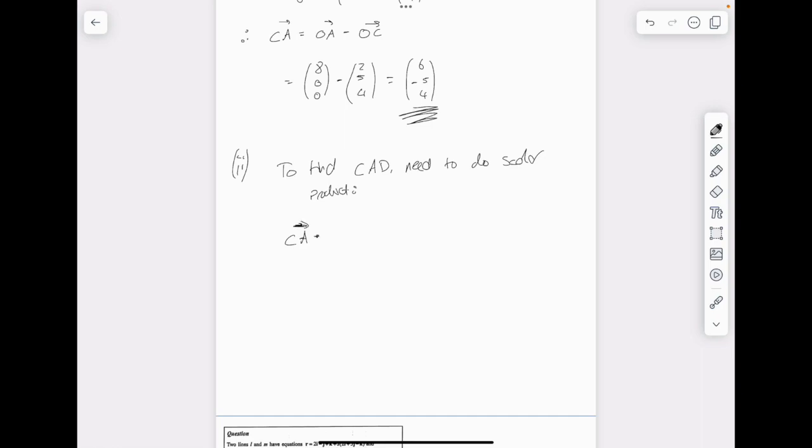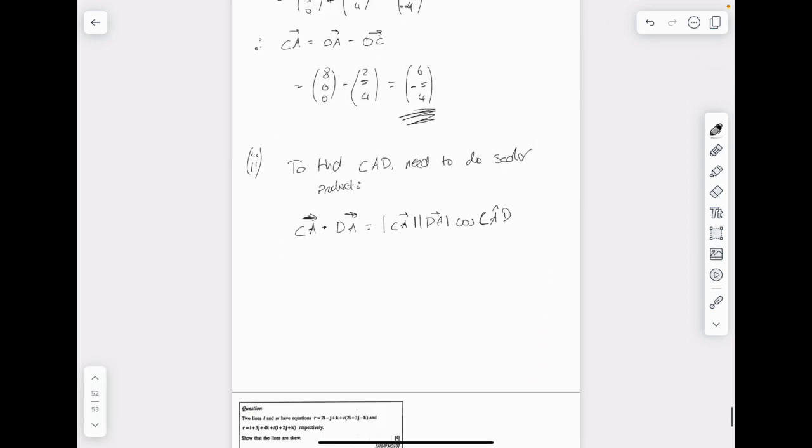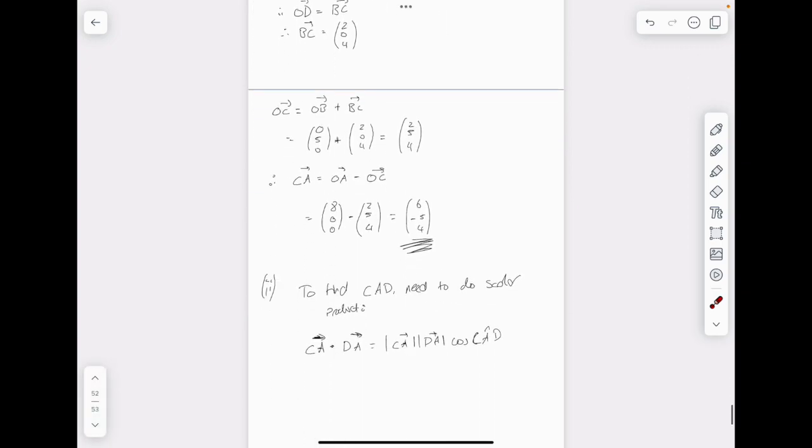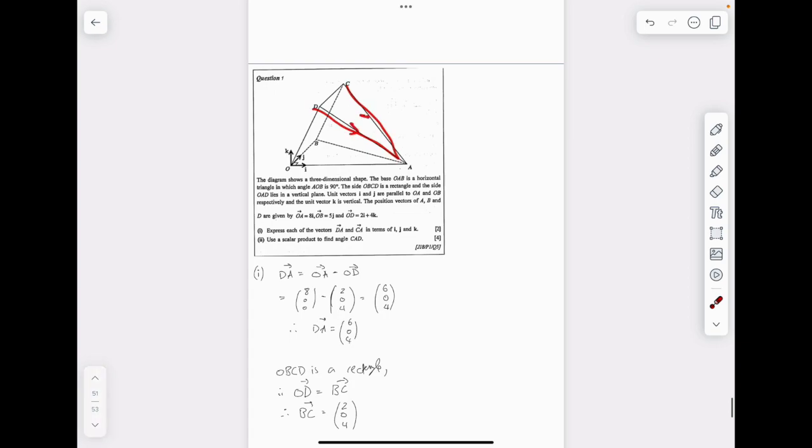It's CA times DA is equal to the absolute value of CA times the absolute value of DA times cos CAD. Remember, CAD is in between CA and DA.